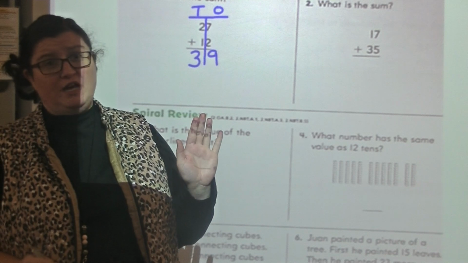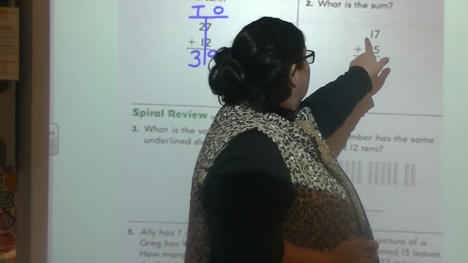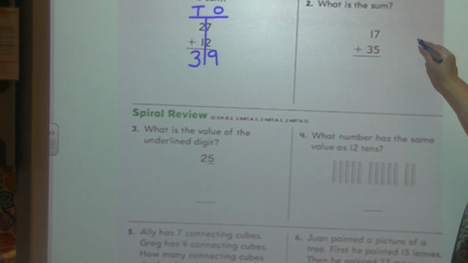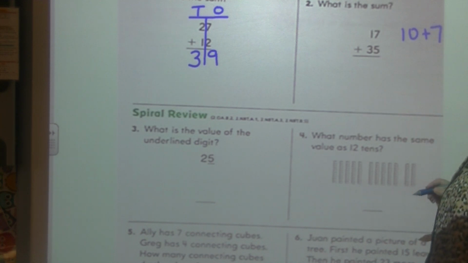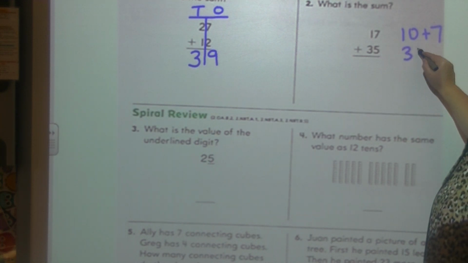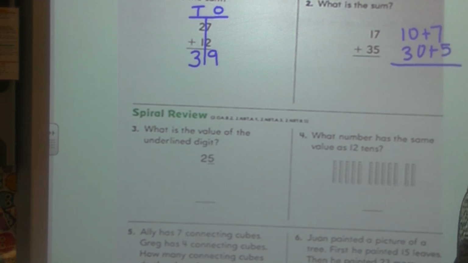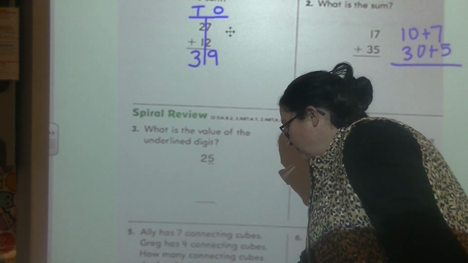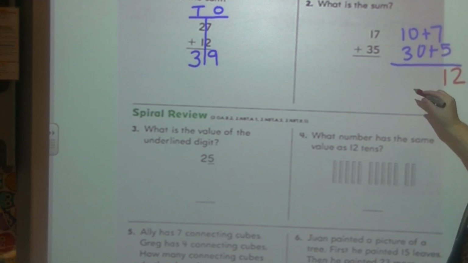Now you see on this side, 7 plus 5 is more than 10. We don't know how to do that yet. I haven't taught you how. So we're going to have to do expanded form. So 10 plus 7 for expanded. 35 is 30 plus 5. Now 7 plus 5, 7, 8, 9, 10, 11, 12. 10 plus 30 is 40.